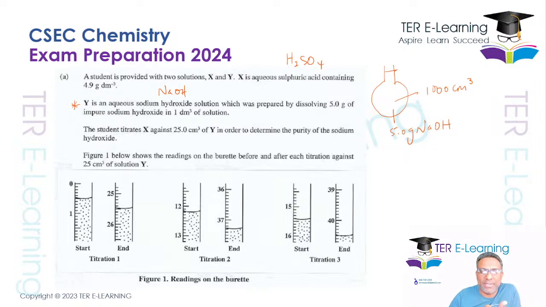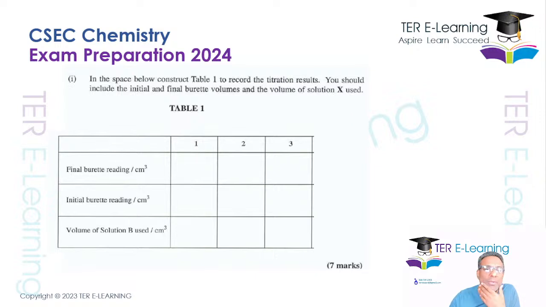Figure 1 below shows the readings on the burette before and after each titration against 25 cm cube of Y. So this one is the sulfuric acid here. The first thing they want in this question is: in the space below, construct a table to record the titration results, and you should include the initial and final burette volumes and the volume of X to be used. So let me change this to X here.